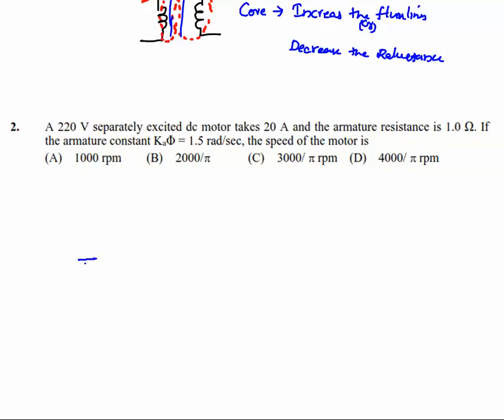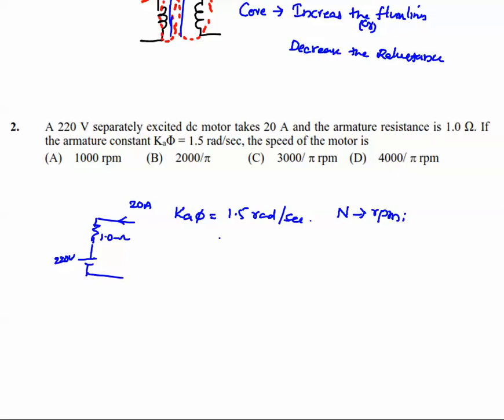That is a 220 volts DC motor with an armature resistance of 1.0 ohms and it takes a current of 20 amperes, and the armature constant Kφ is 1.5 radians per second, and what we need to find here is speed, and the speed is in RPM.